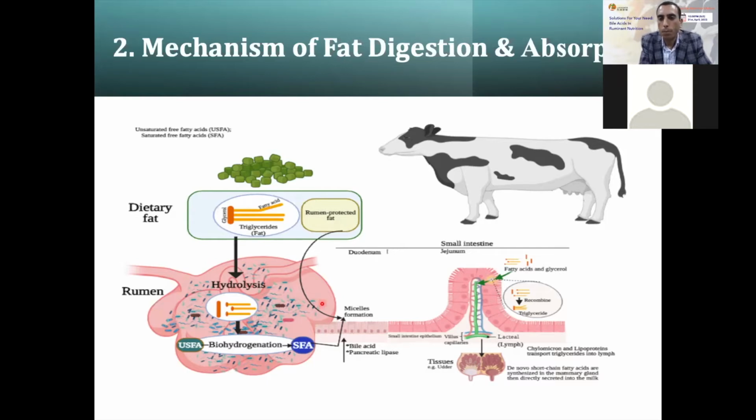Here in the abomasum, the rumen protected fat is pH sensitive, which means the protective cover is degraded under the effect of the lower pH, around 3.5. It then reaches the small intestine, where, with the action of bile acid and lipase, it is digested and absorbed like the previous form.